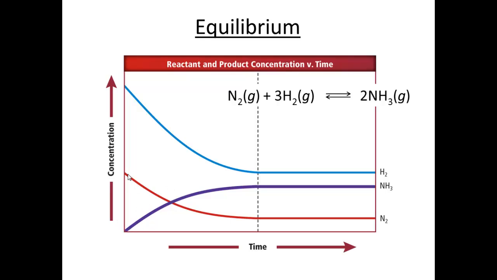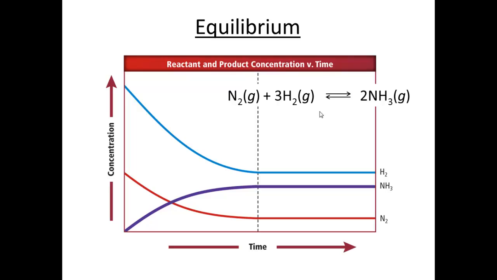Our concentration of reactants is going to decrease, and the concentration of products is going to increase. So the forward reaction keeps going forward, and then eventually we reach equilibrium, in which the rate of the forward reaction equals the rate of the reverse reaction.